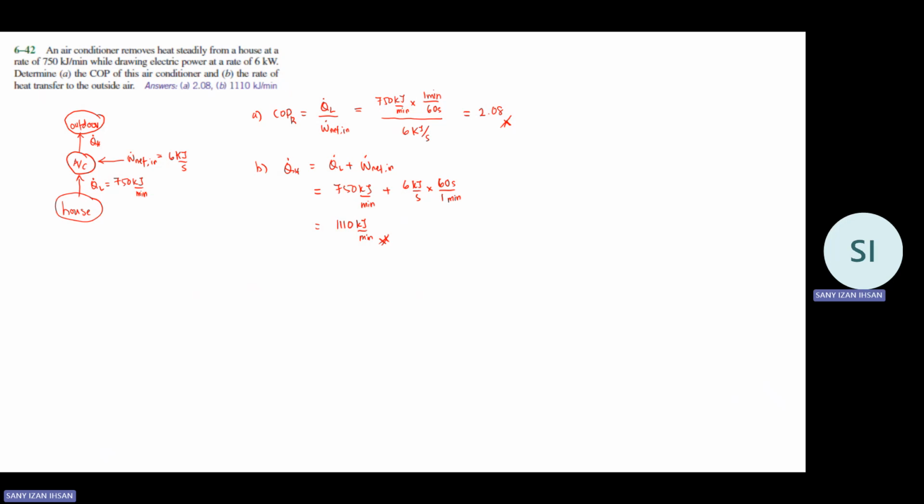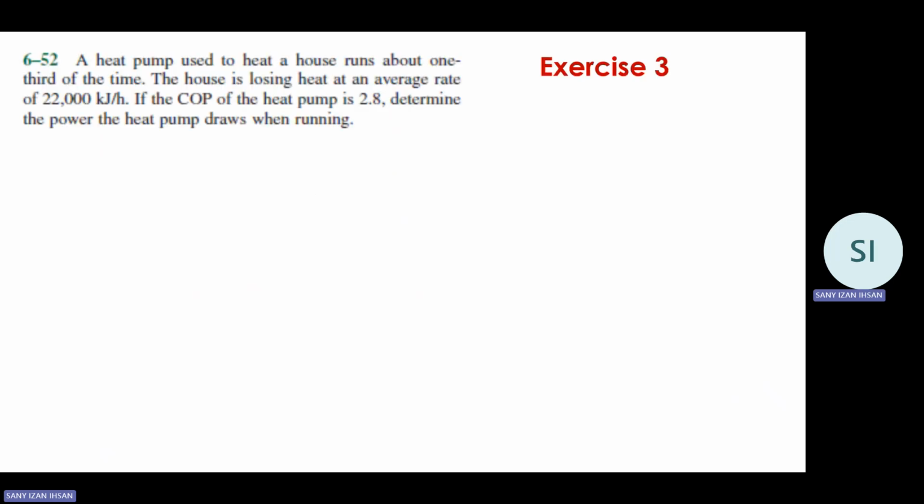Okay, let's try one more problem before we end this part. 652, heat pump used. Okay, just now we were doing it for a refrigerator. Now let's look at a heat pump. A heat pump used to heat a house runs about 1/3 of the time. Okay, there are several keywords there. Heat pump, and it runs only 1/3 of the time, meaning that out of the whole duration, only 1/3 is when the heat pump is running.